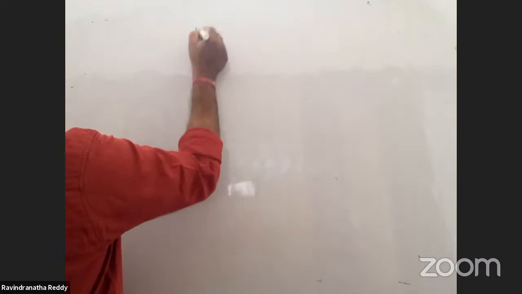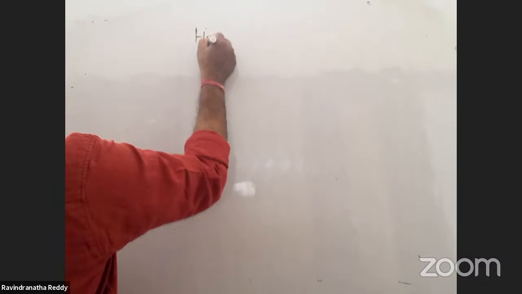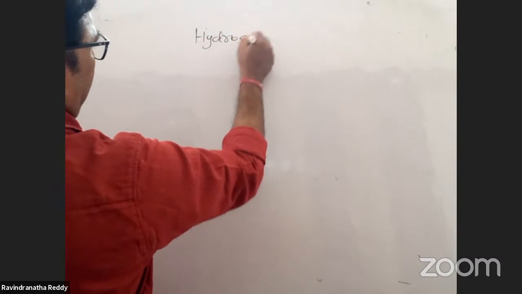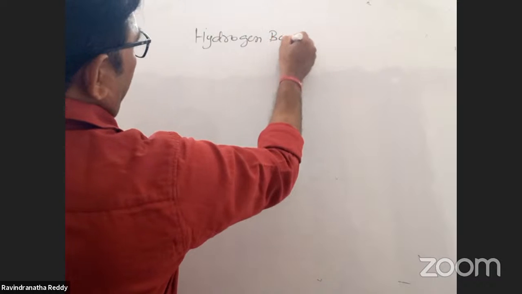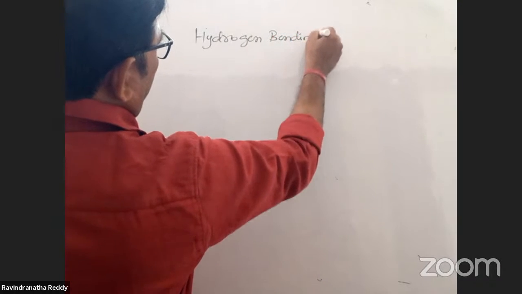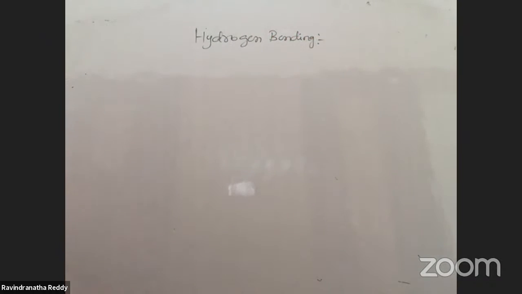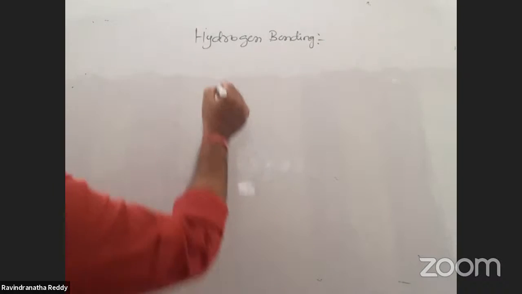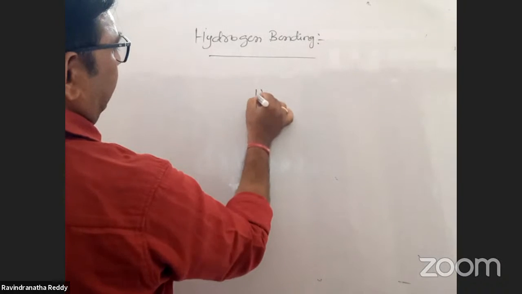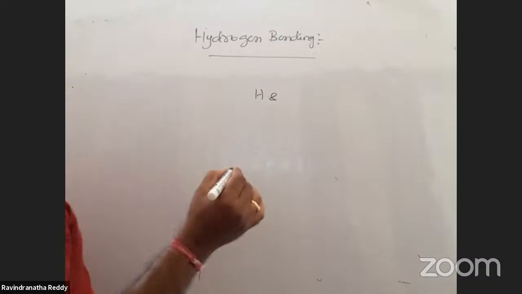First of all, hydrogen bonding. What type of questions they will ask regarding this concept. Generally you know that yesterday I explained hydrogen bonding is between a hydrogen atom and a highly electronegative atom.